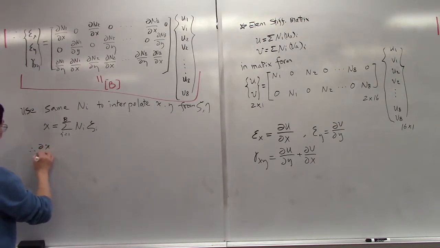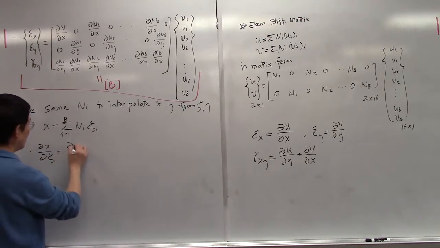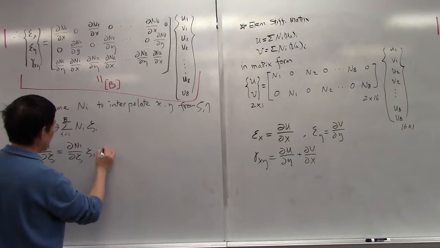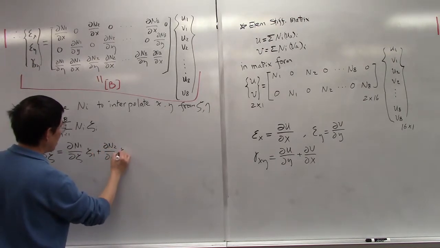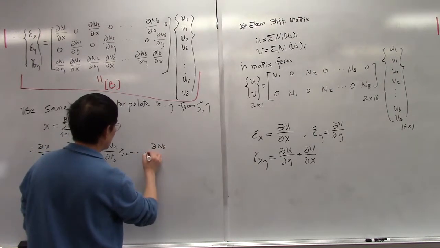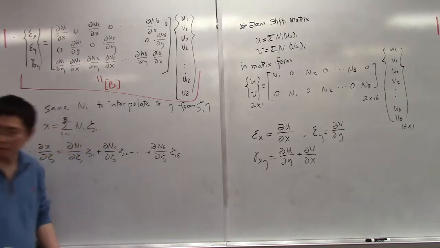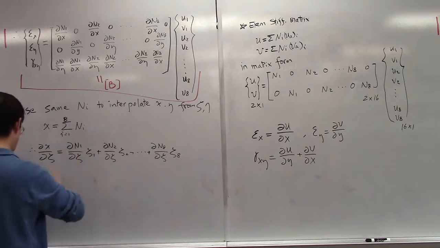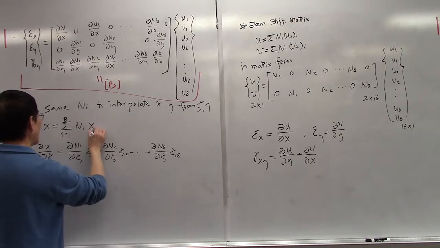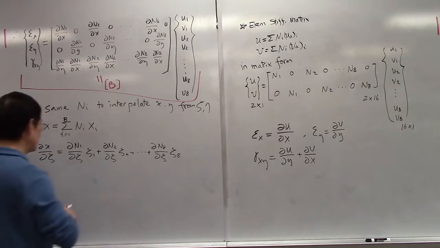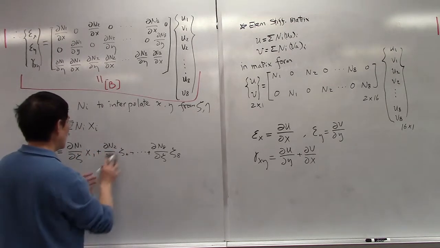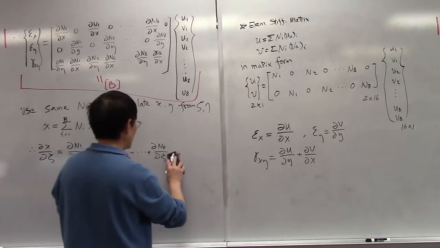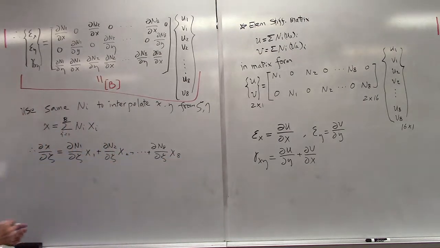And therefore, partial x, partial theta is equal to partial N1, partial theta, and then x1, plus partial N2, partial theta, and then x2, up to partial N8, partial theta, and then x8. Oh, I'm sorry. The nodal positions are actually in global coordinates. So it's x, not theta, I'm sorry. So it's x1, and then here is x2, and then here is x8. Okay, like that.